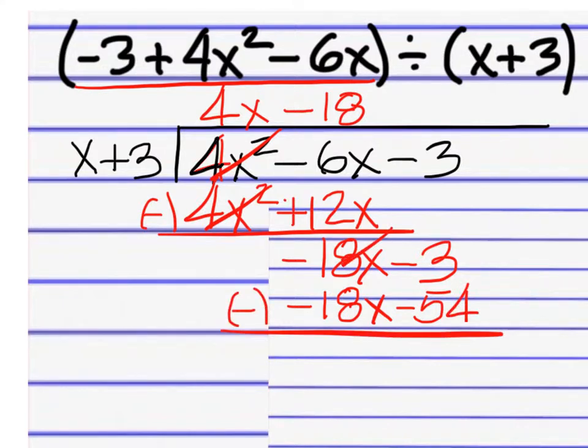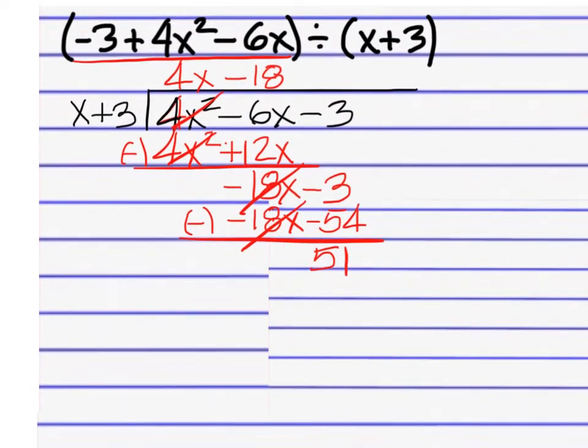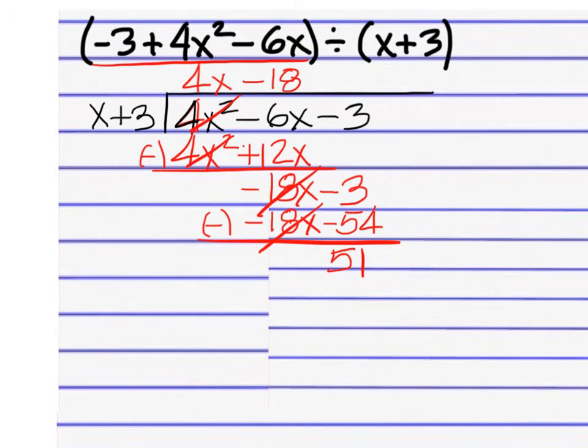Subtract, cancel, and negative 3 minus a negative 54 is a positive 51. There's nothing more to drop, so we write our answer in the following form. 4x minus 18 plus 51 over what we were dividing by.